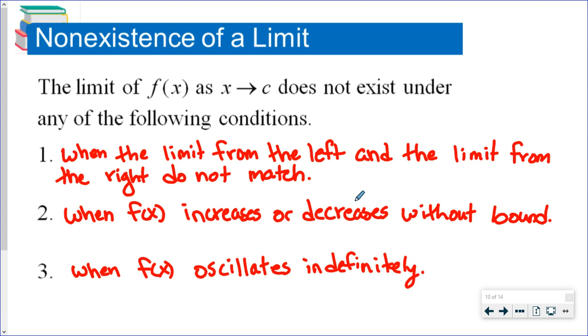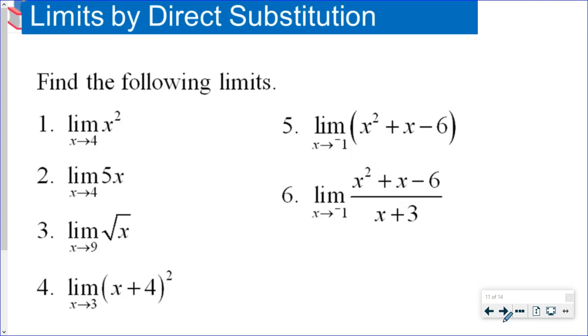Nice. All right. Okay. So now we're going to get to the easiest part of the day. Literally the go-to, the first thing that you always want to try with limits is called direct substitution.